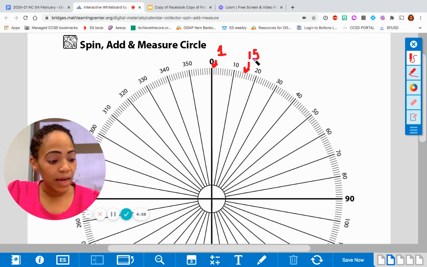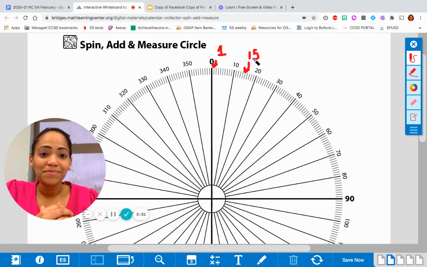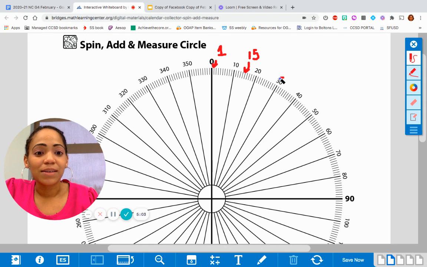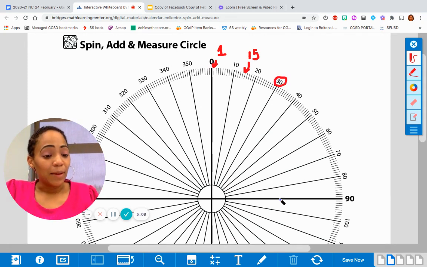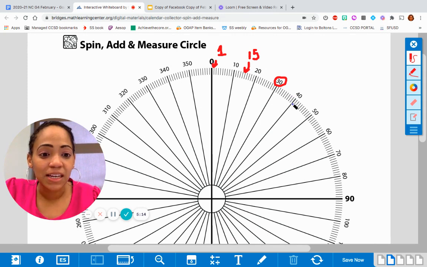Okay, then where would I see 30? 30 is easy because 30 is already labeled for us. One more, how about 45? Halfway between 40 and 50. 41, 42, 43, 44, and 45. Right here.